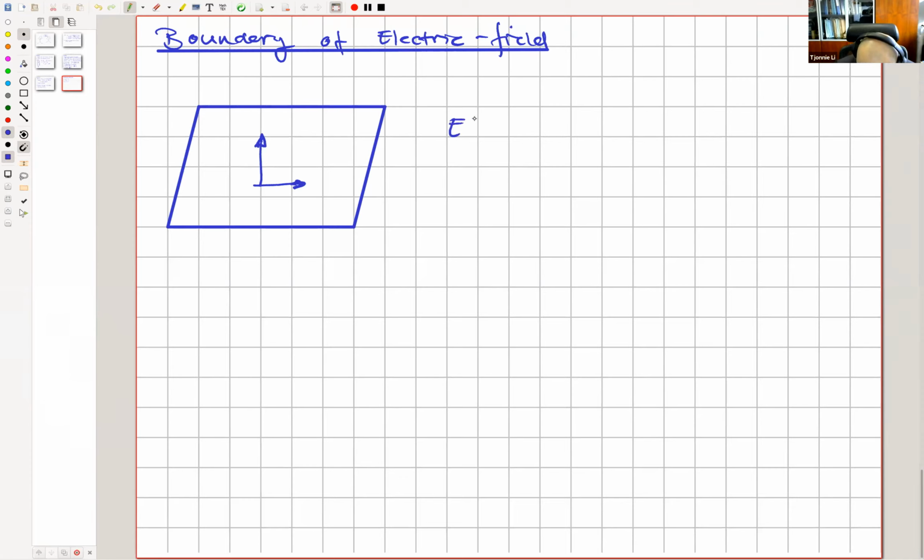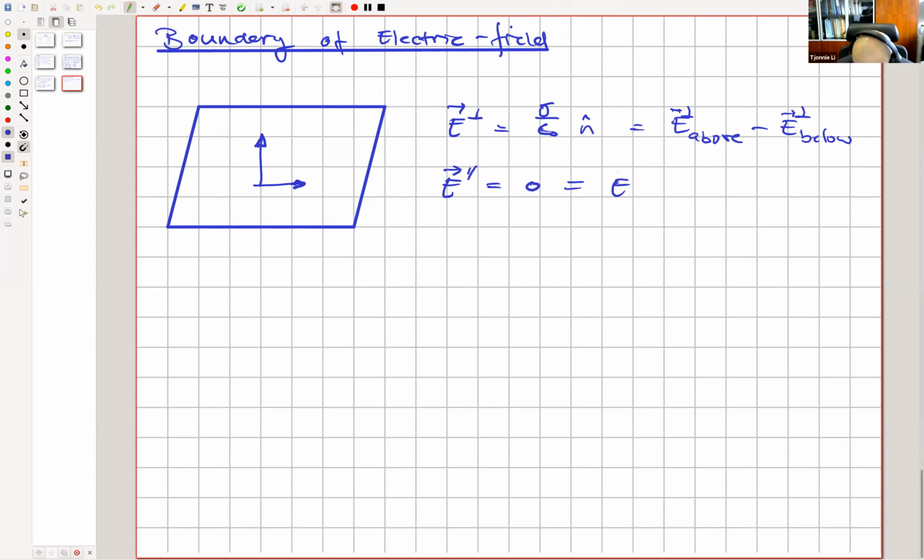Then, as we've seen before, the E perpendicular is sigma over epsilon naught n hat, where in this case n is the normal to the surface. And so this, of course, equals E above minus E below. And similarly, the one parallel to the surface equals 0.